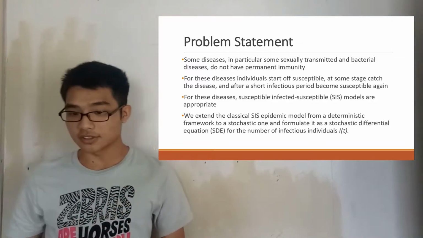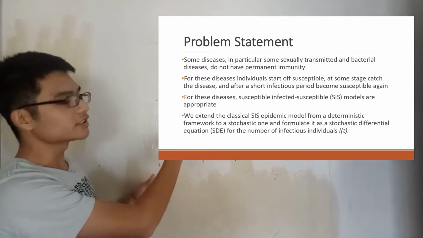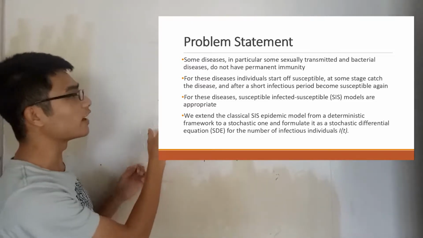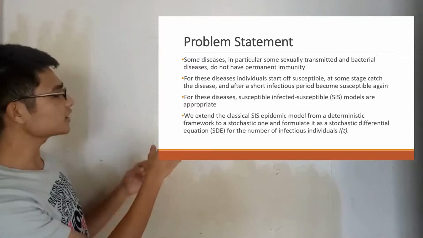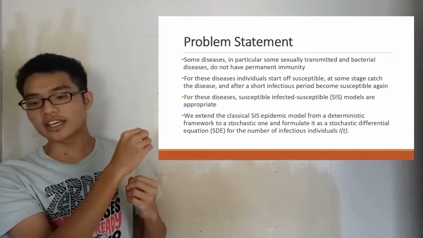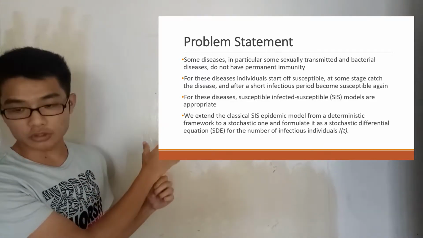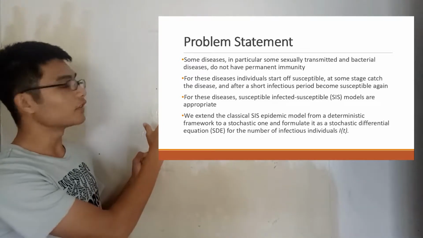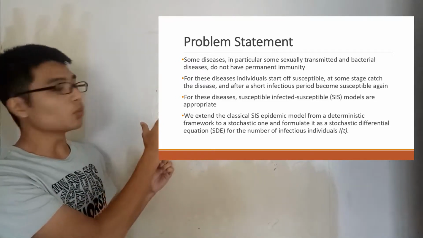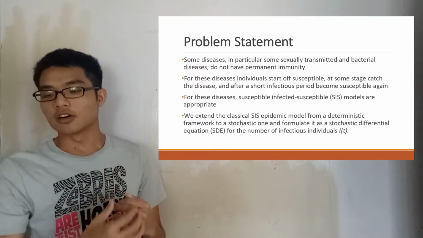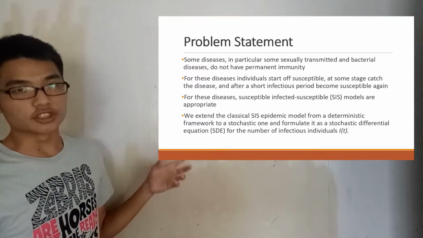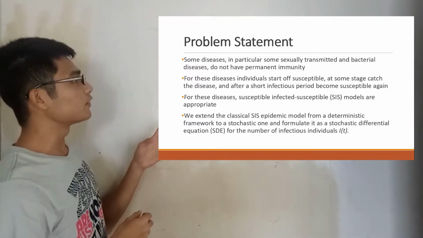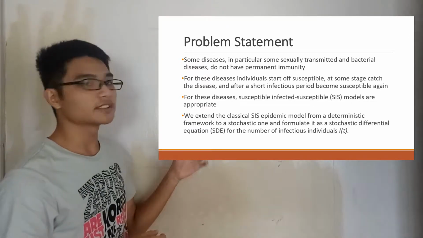So for these diseases, the susceptible-infected-susceptible SIS models are appropriate. We extend this classical SIS epidemic model from a deterministic framework to a stochastic one and formulate it as a stochastic differential equation, SDE, for the number of infectious individuals.